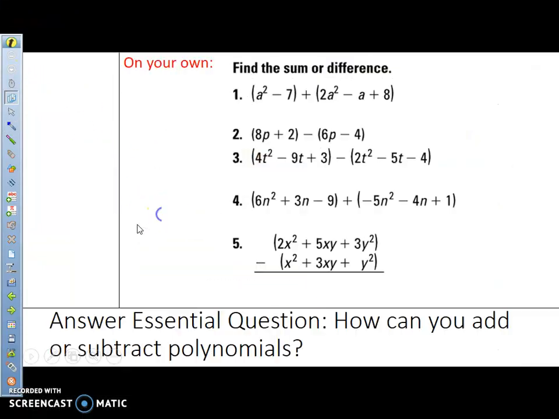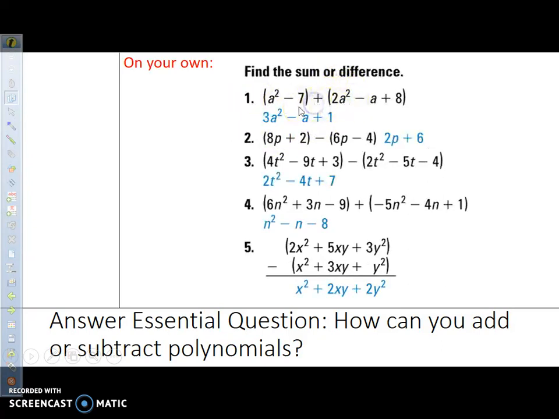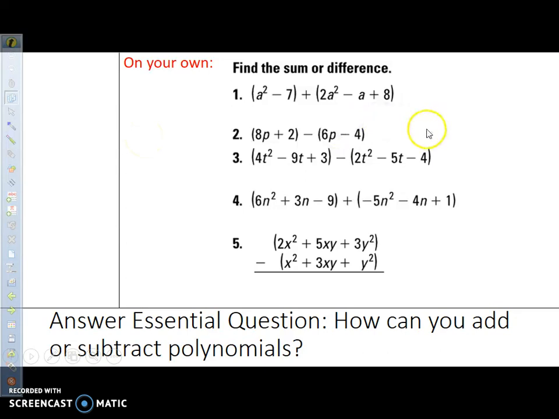All right, here are your on-your-own problems. Go ahead and pause the video at this time, and if you like the stacking method like I showed you, stack them. If you like the horizontal, meaning a squared plus 2a squared is 3a squared, that's the horizontal, then do that method. When you're ready to resume your video, go ahead and press play.